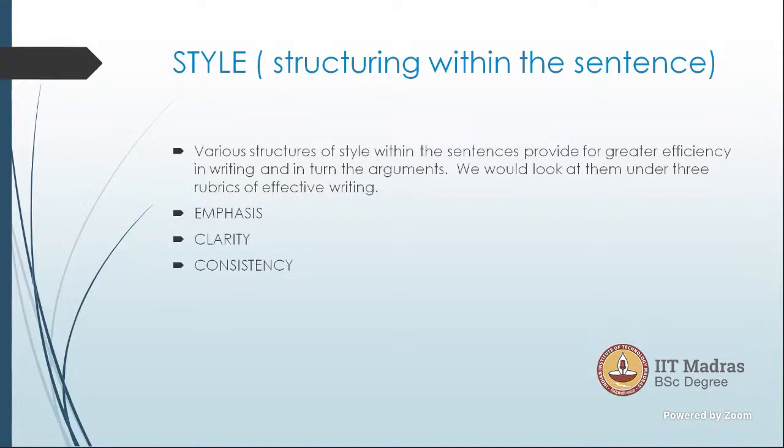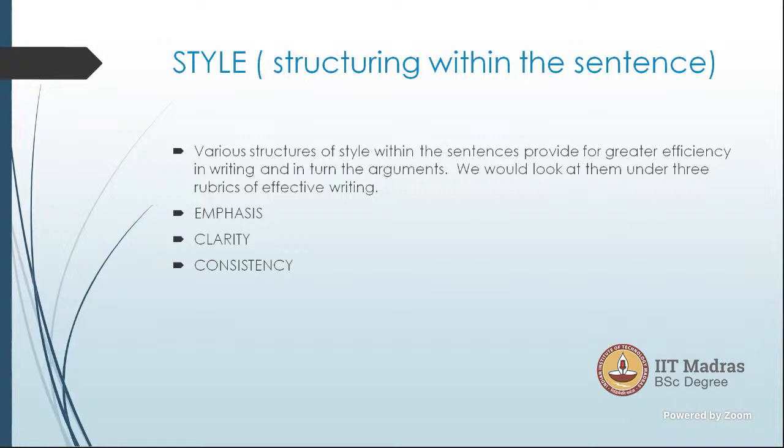As I mentioned, emphasis, clarity, and consistency, which means we are going to see how using certain styles or structures and constructions within the sentences, or arrangement of certain constructions within the sentences, would help you achieve three things, mainly emphasis, clarity, and consistency. Okay, that's how we are going to look at these things. Under each of these rubrics, we'll see how we can place, rephrase, and rearrange what we have written to achieve the three things that I just mentioned.